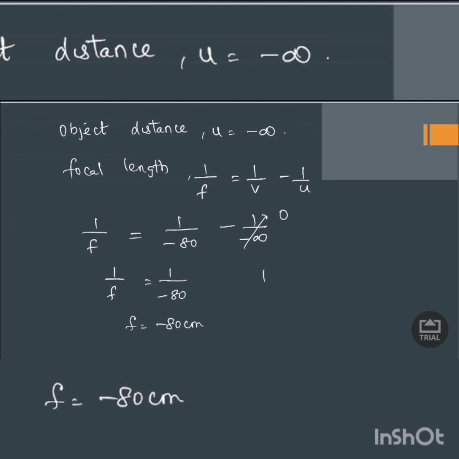So accordingly, what will be the power of the lens? P is equal to 1 by f, which is 1 by minus 80 centimeters. To find the power of the lens, f should be expressed in meters.